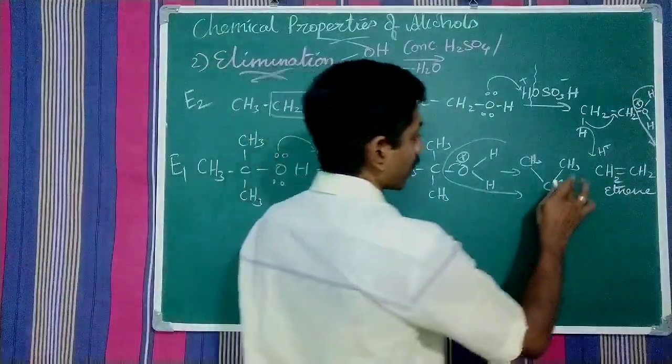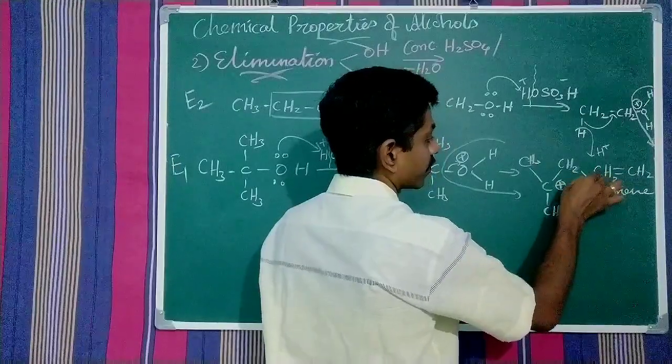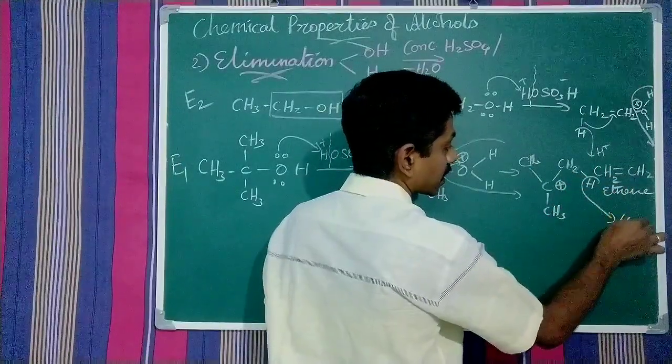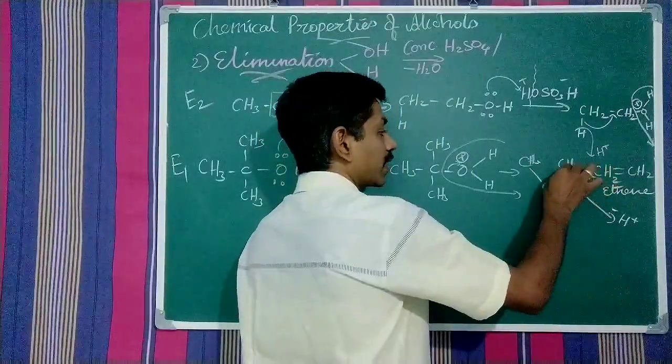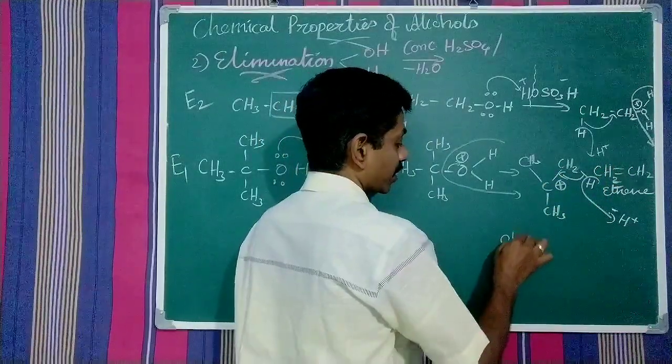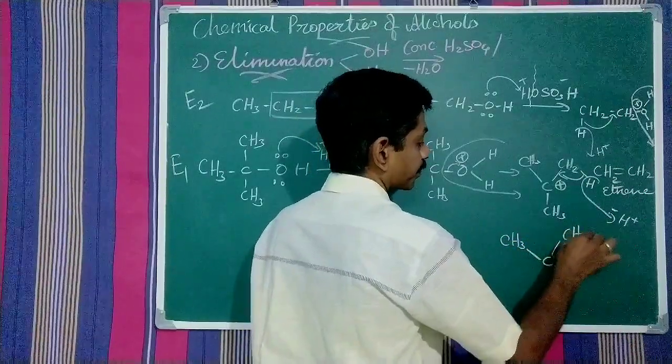The next step, one of the hydrogens available in this position will be removed as H plus. This is the next step, deprotonation. And this bond will get shifted here. Then there will be a formation of a new double bond.